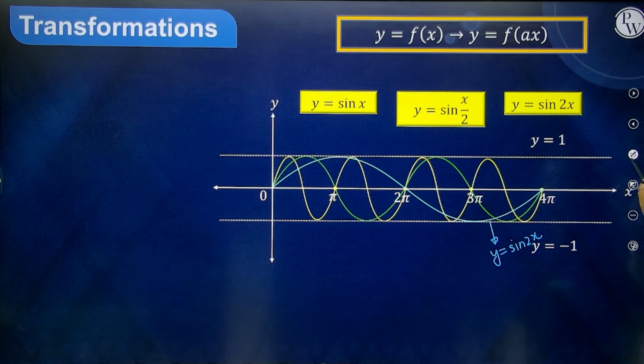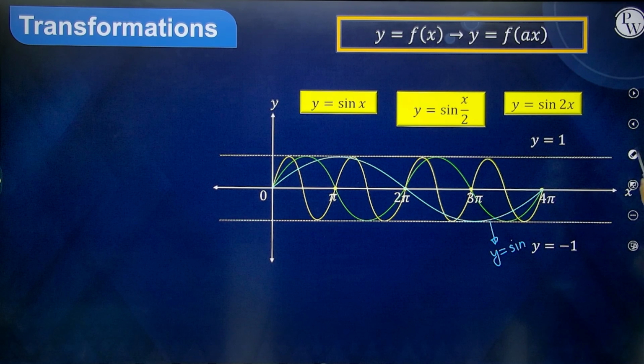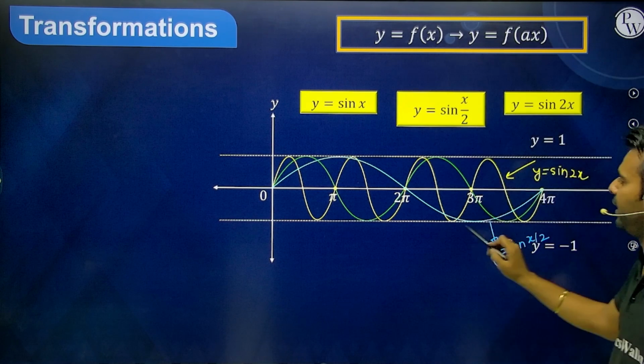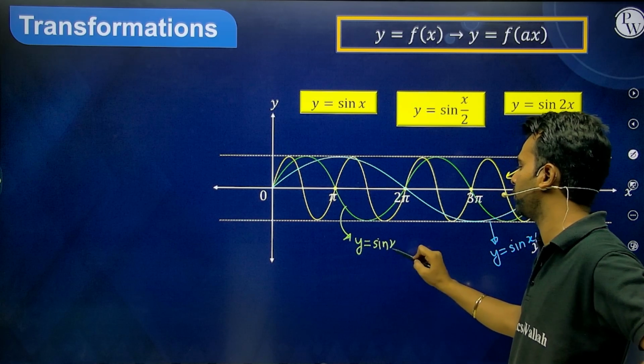This blue graph is of y equal to sin x by 2. This yellow graph is of y equal to sin 2x. And this green graph is of y equal to sin x. I hope you can visualize it quite neatly now.